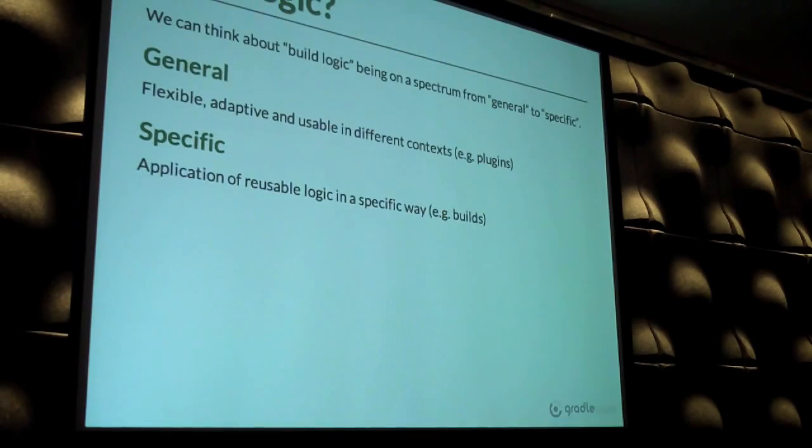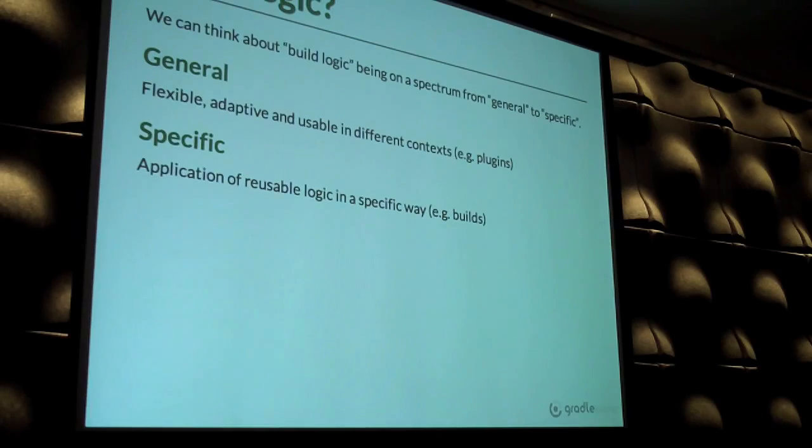So build logic, what do we mean when we talk about build logic? Well, it's a fuzzy concept, and we can think about it as being on a spectrum from general to specific. This is another key idea in Gradle, that just as we can introduce abstractions and generalities into application code, we can do the same in our build logic.